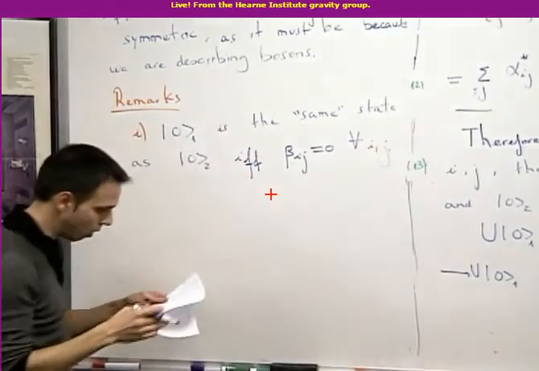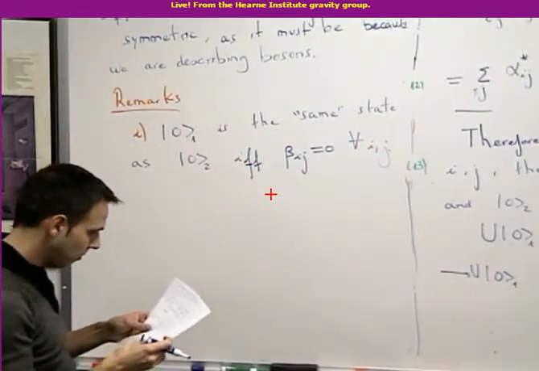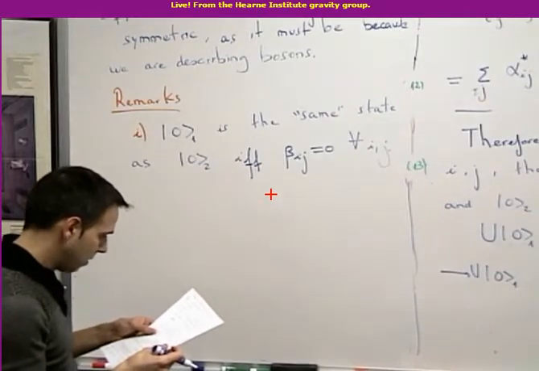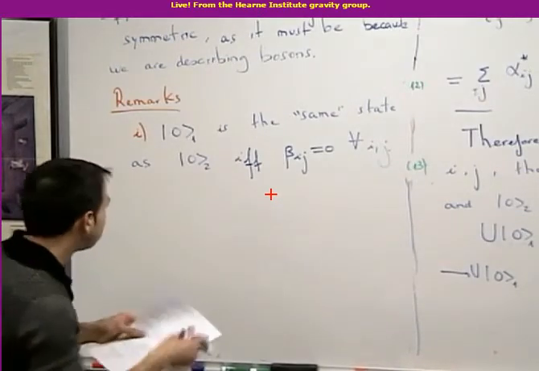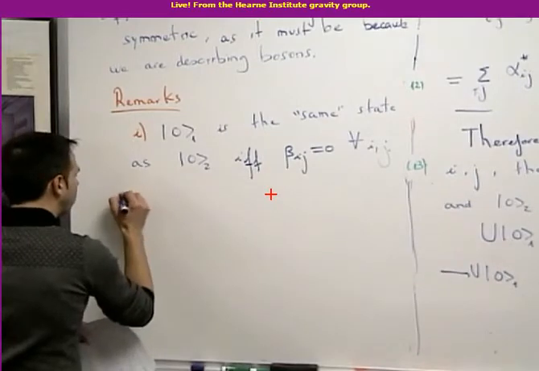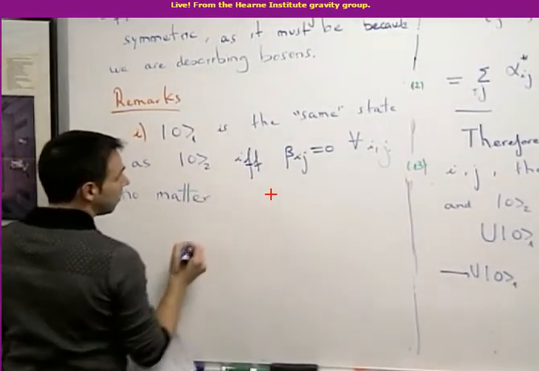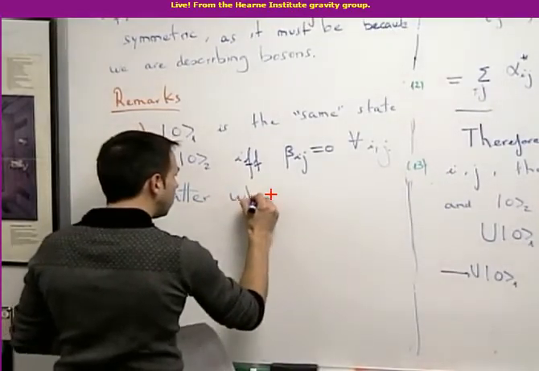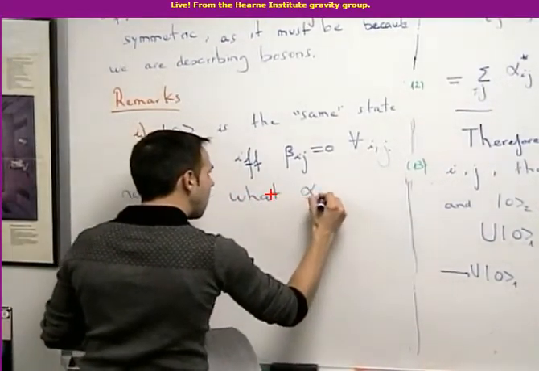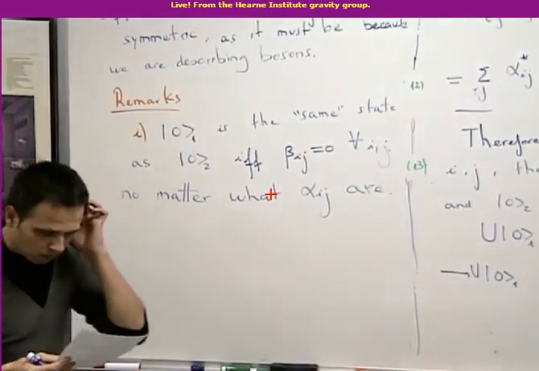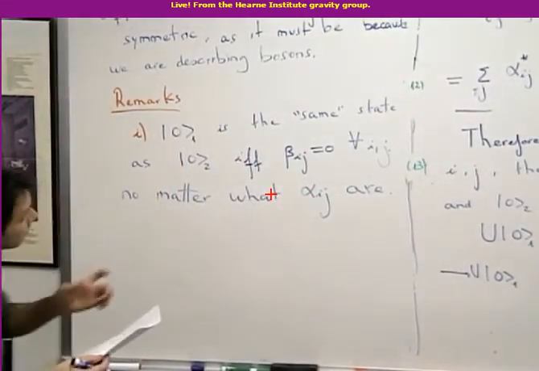This is something that we already knew. No, sorry. What he wants to say is the following. No matter, this is the important part, no matter what alpha ij are.